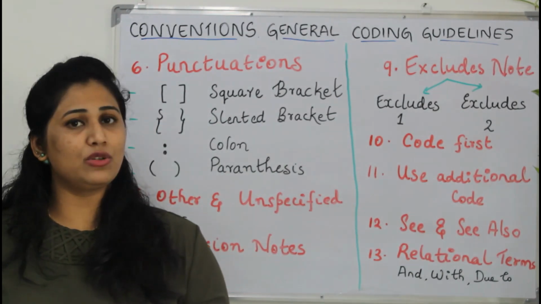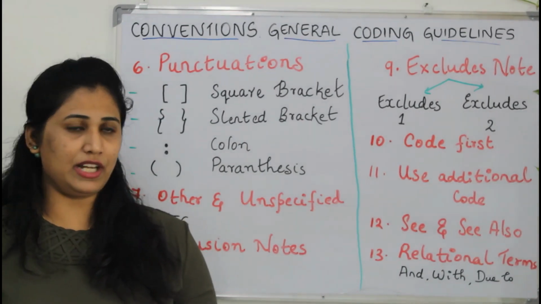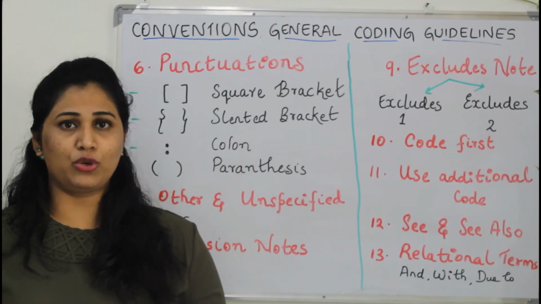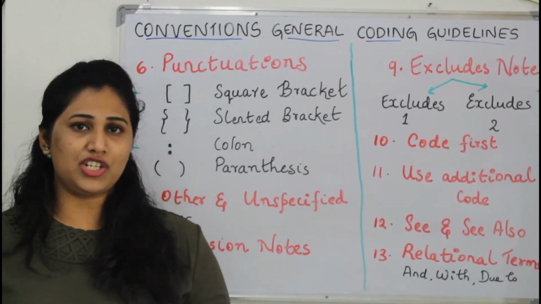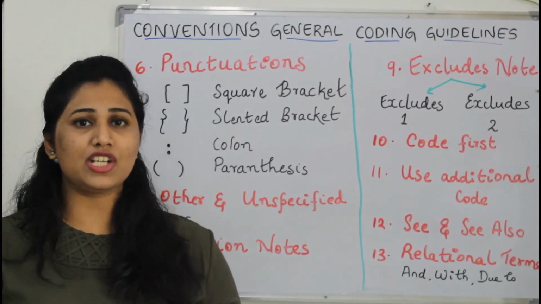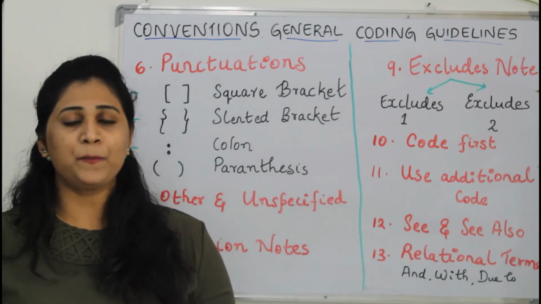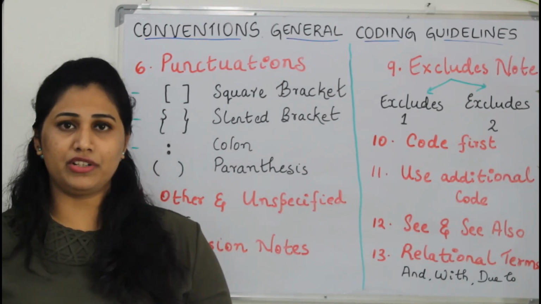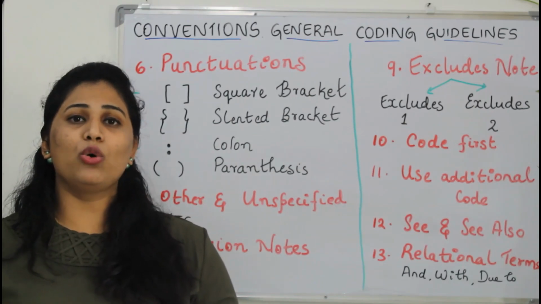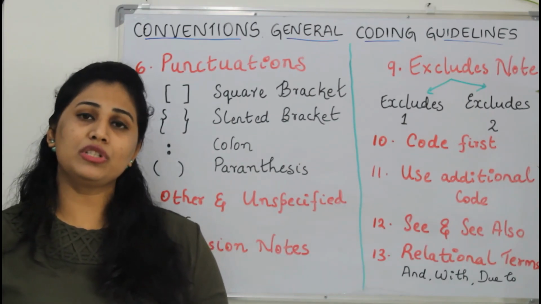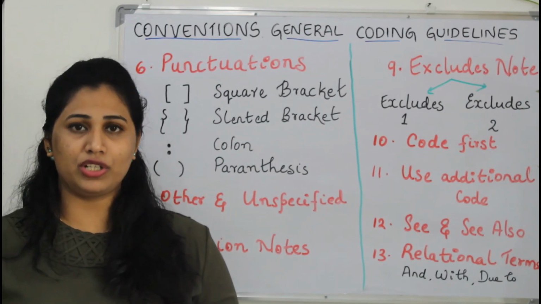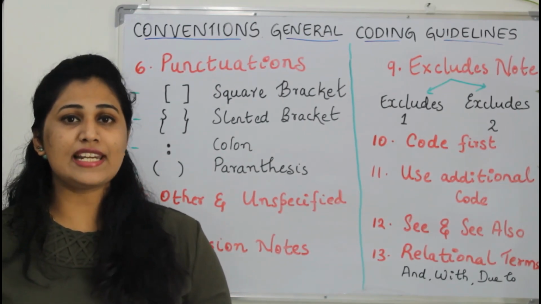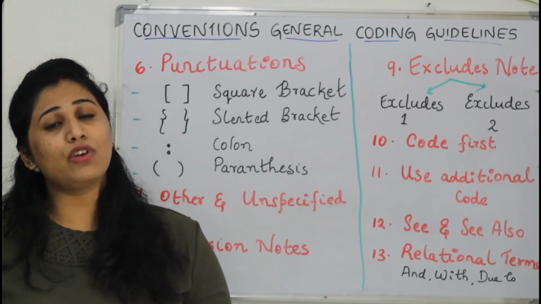Code first means I told you should select it as the principal diagnosis. Now what is use additional code? When you select a particular code, there will be a notation given like use additional code for, okay, complete the diagnosis. If we take an example for urinary tract infection, when you go to the tabular list, we'll get a notation like use additional code for indicating the causative organism.